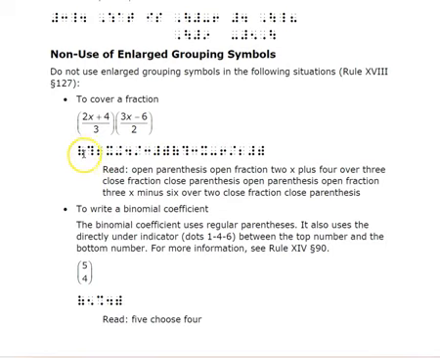So we start with the regular parentheses. We start a fraction with the fraction indicator. We do 2x plus 4 slash 3. Close your fraction. Close your parentheses. Open another parentheses. Start a fraction, 3x minus 6 slash 2. Close your fractions, then close your parentheses.